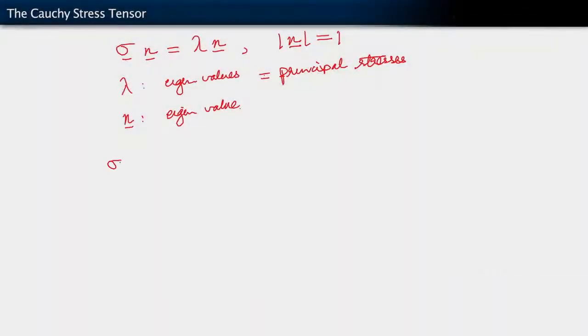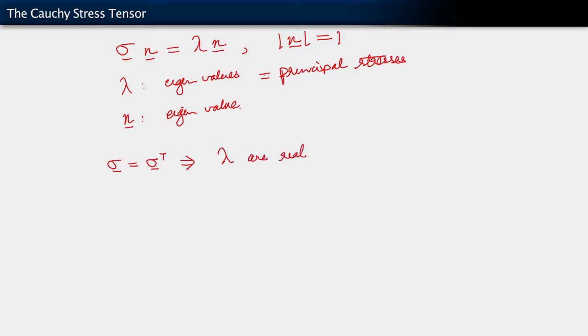Just a couple more properties which follow from the fact that the stress is symmetric. Sigma equals sigma transpose implies that the lambdas are real.